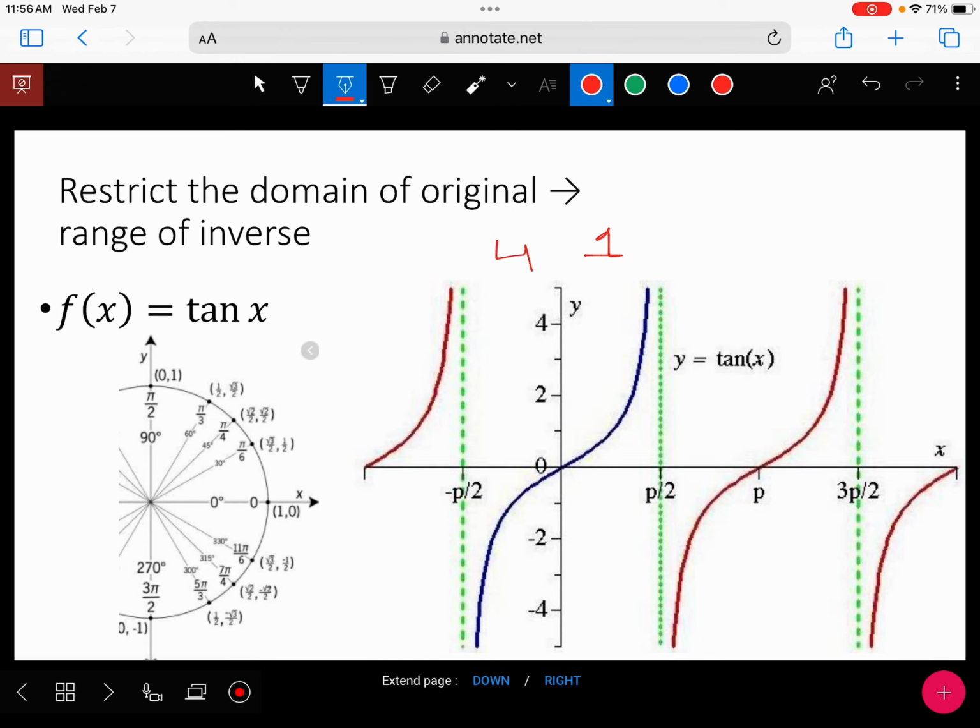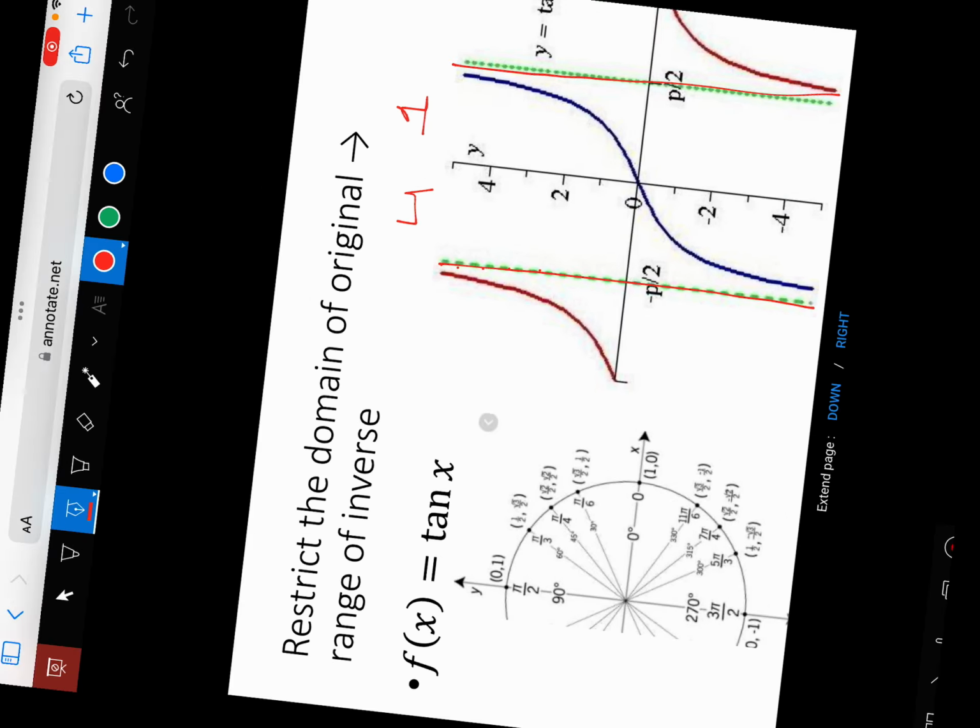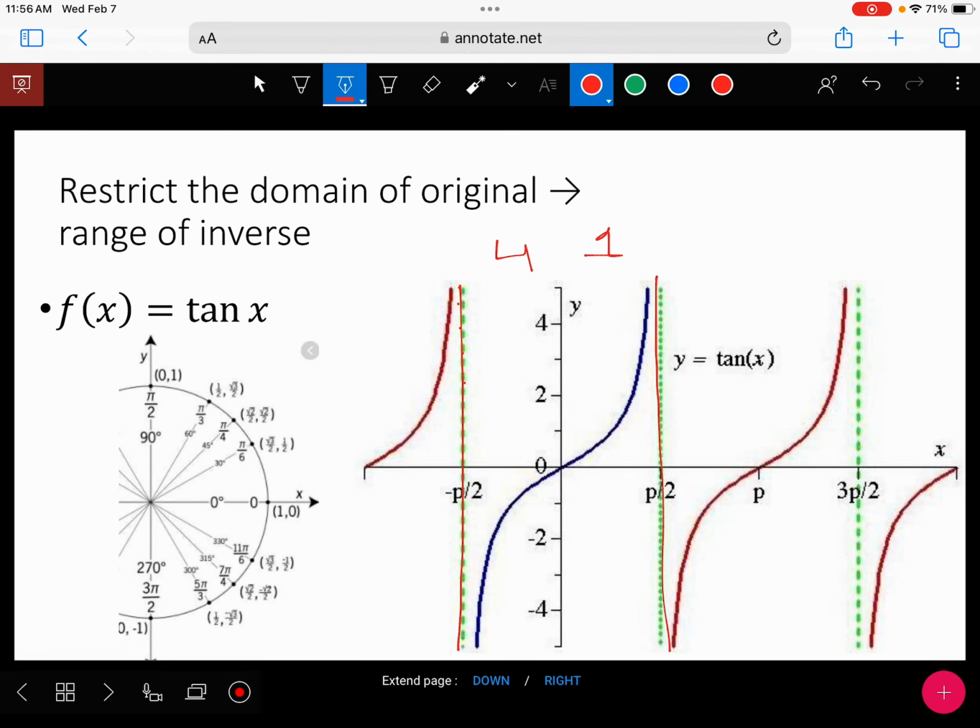Yep, back to quadrant 4. We want these asymptotes to be kind of our edges for our inverse tangent. If we did 1 and 2, that big nasty asymptote would be right in the middle of our domain, and it would just be ugly. Here, we're going to have our inverse tangent values be continuous.